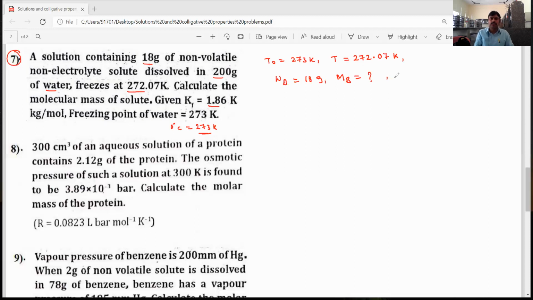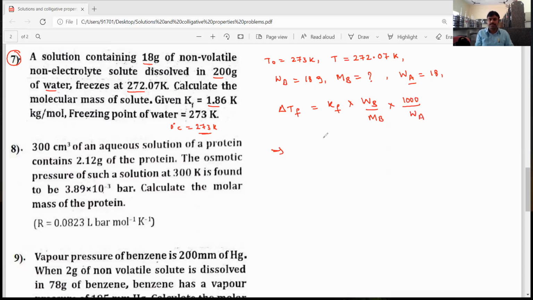The solvent is water, so the weight of solvent WA is 200 grams. The gram molecular weight of solvent is not required, only the weight of solvent they give. Now delta TF, the depression of freezing point, is equal to Kf into molality, which is weight by gram molecular weight of solute into 1000 by weight of solvent.